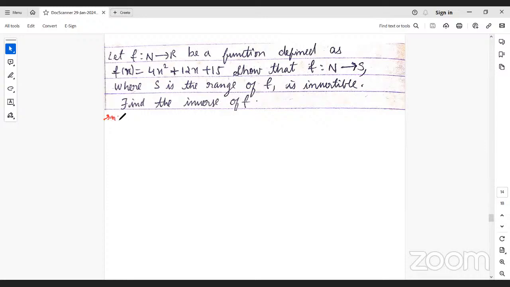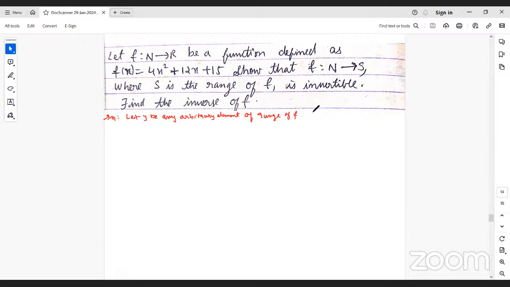In the solution, the first sentence remains the same. Let y be any arbitrary element, that is any one element of the range of f.